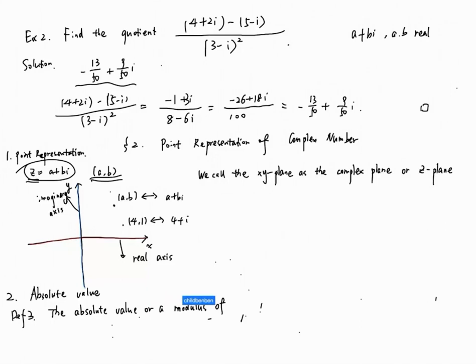Of a number z, written as a plus bi, it's denoted by this.